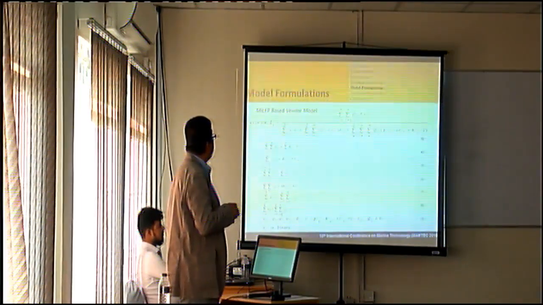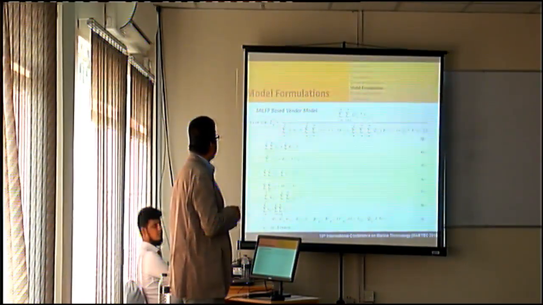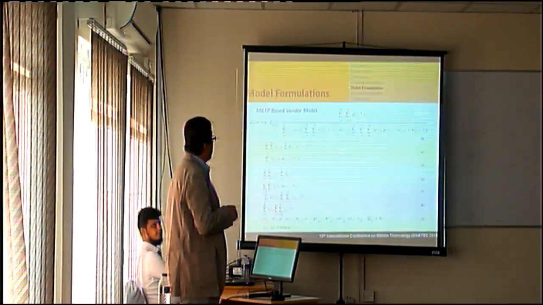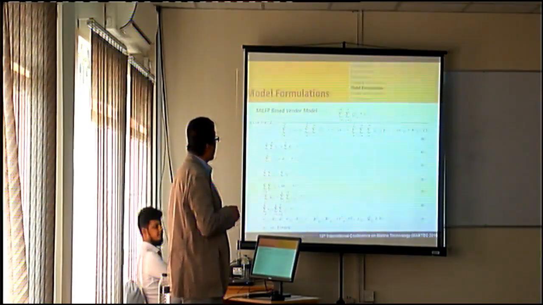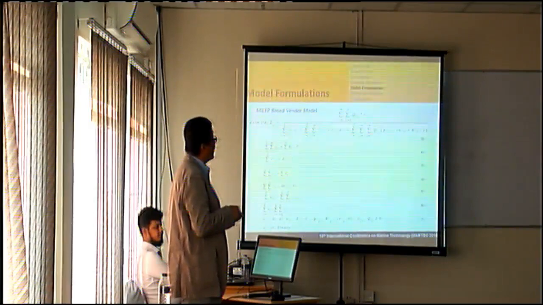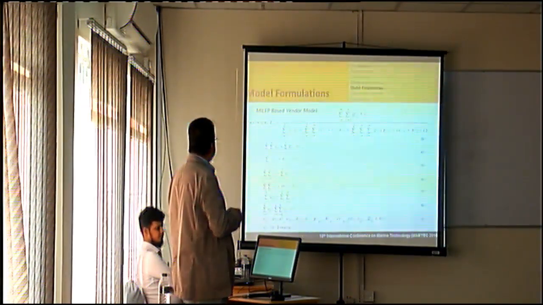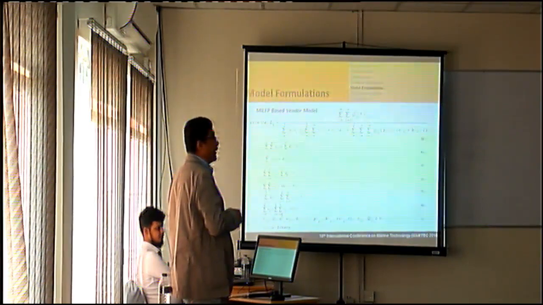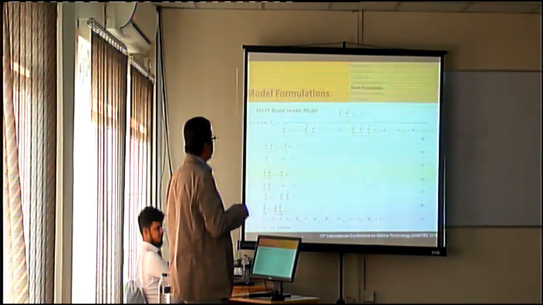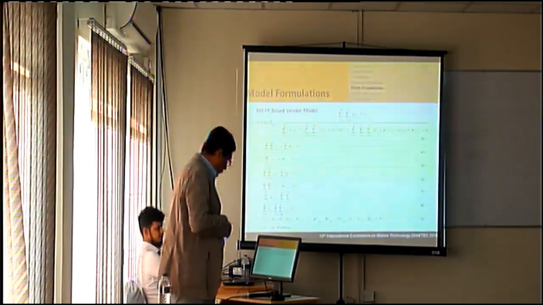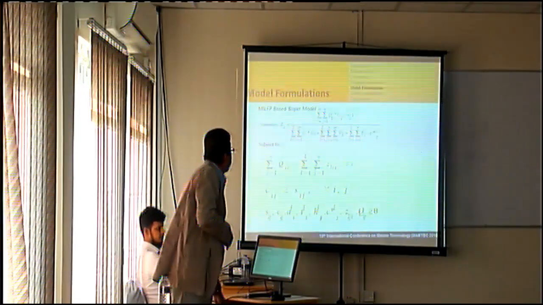Here is the return, and this is total investment, such as the fixed opening cost, transportation cost, distribution cost, production cost, raw material cost, and inventory cost. And these are some constraints for this model, and according to these constraints, we solve this objective function by using some transformation.